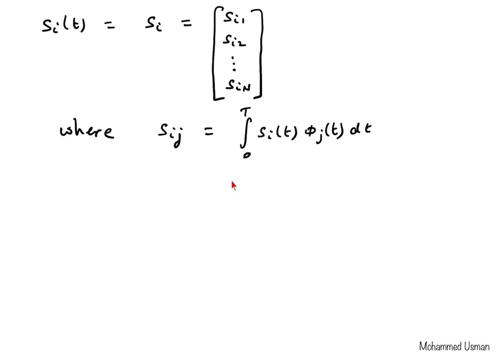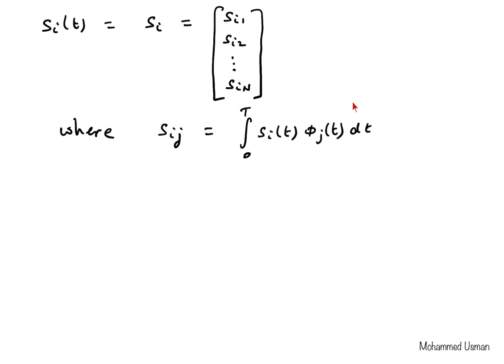Or basically, each of these Sij is nothing but the projection of the signal Si of t onto the basis function phi j of t. So the dot product here simply means the projection of Si of t onto phi j of t. So S11 is the projection of S1 of t onto phi 1 of t. S12 will be the projection of S1 of t onto the basis function phi 2 of t, and so on and so forth.